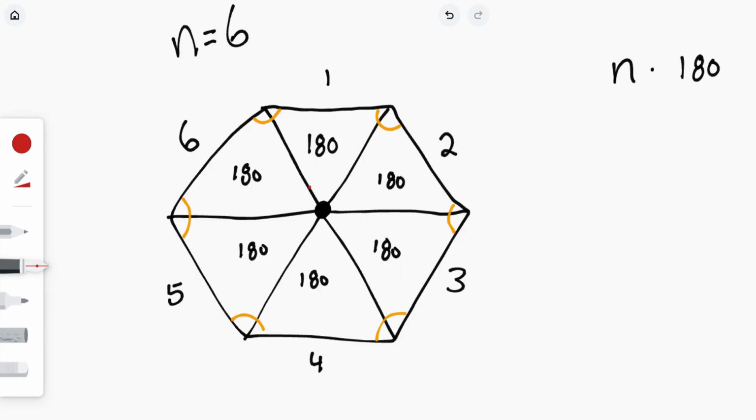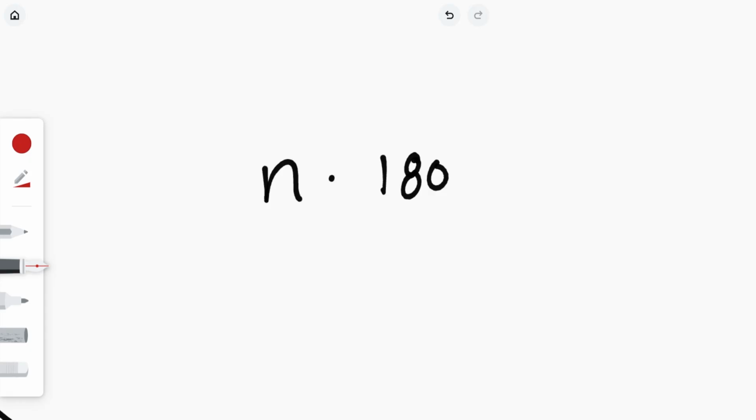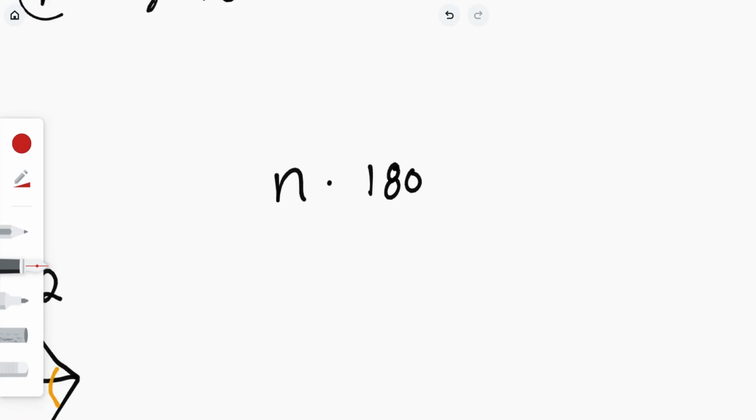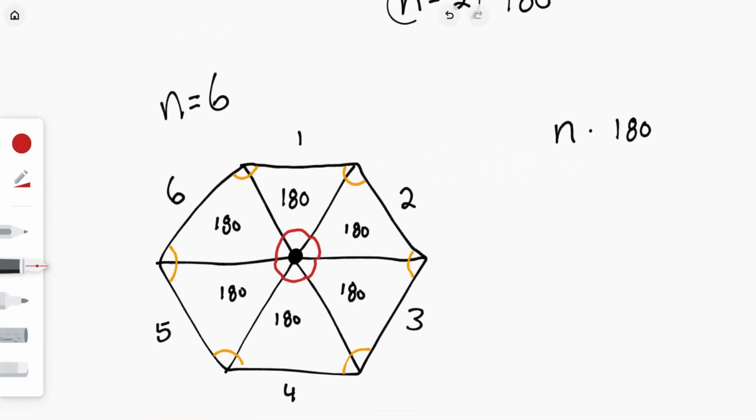They're counting this angle right here, this angle here, this one here, this one, and that one. Okay, all of the angles, both in orange and red, are being counted when you do n times 180. But we don't want all of the angles, we only want the orange ones. How do we get rid of the red ones?